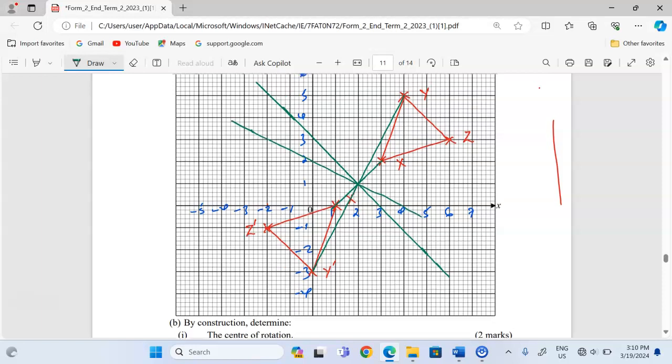Yes. Then again, we can talk of Z'. So Z can be connected to Z'. Then again, we do a perpendicular bisector to this. The perpendicular bisector to this is going to go through here. So we raise the perpendicular bisector through that point.